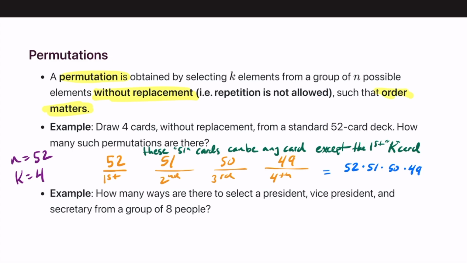Okay. Now for this one, how many ways are there to select a president, vice president, and secretary from a group of 8 people? So in this one, we're going to write down our n and k again. That's important.